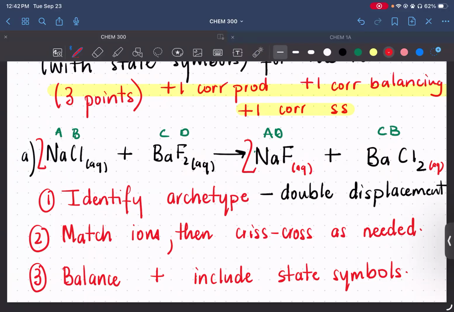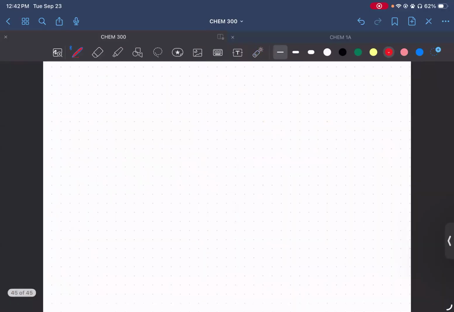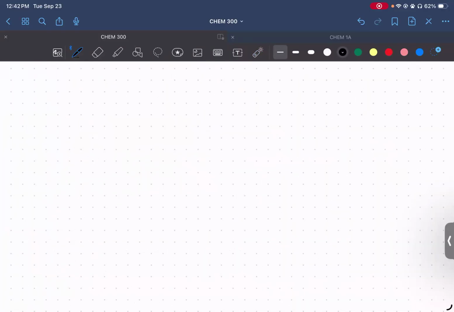I'm going to try one more with the time that we have left. Let's do one with a transition metal.